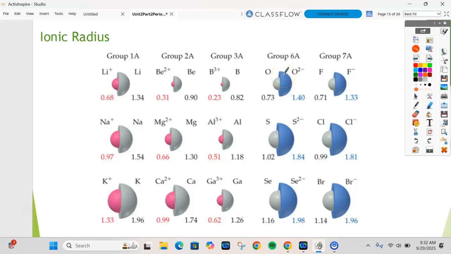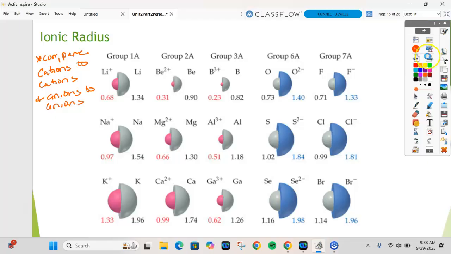So we have to compare cations to other cations and anions to other anions. We can't compare cations to anions. It's like apples and oranges. We can compare a neutral atom to a charged one too.